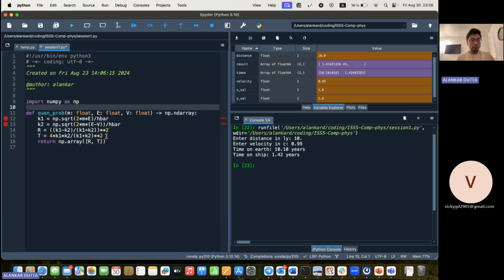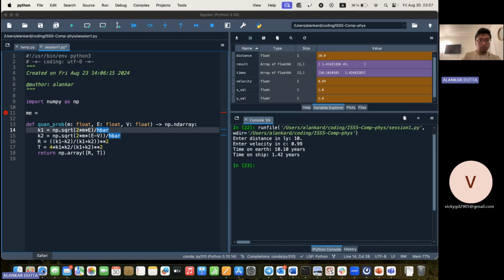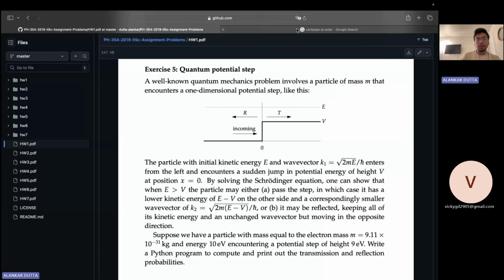So now we have to define the mass of an electron. So let's do this: me equals... and what more do we need? We need an electron volt. This E is in SI, but the value of E is given in electron volts, so we have to find out the amount in joules.